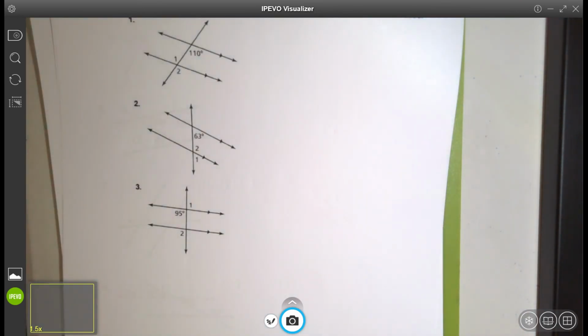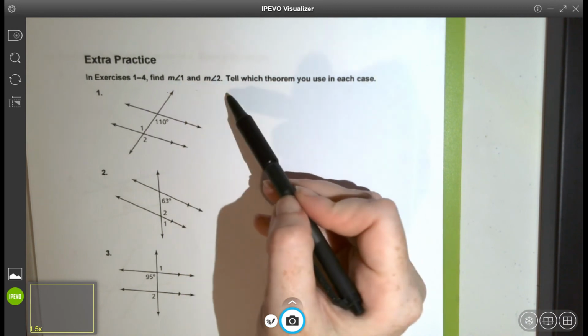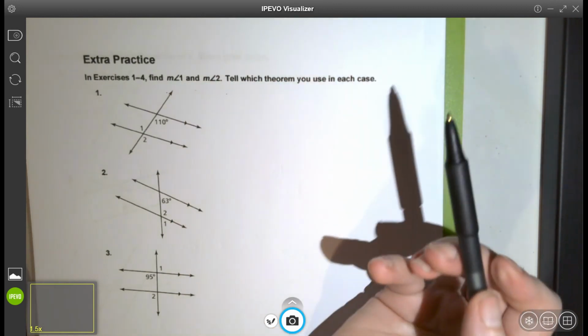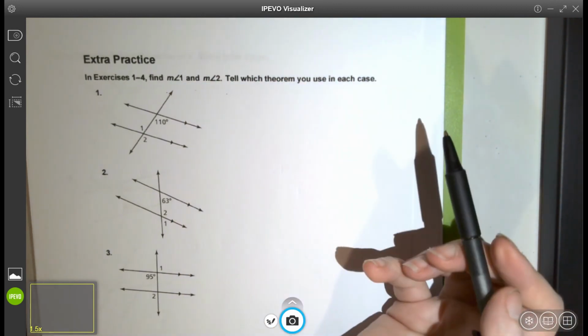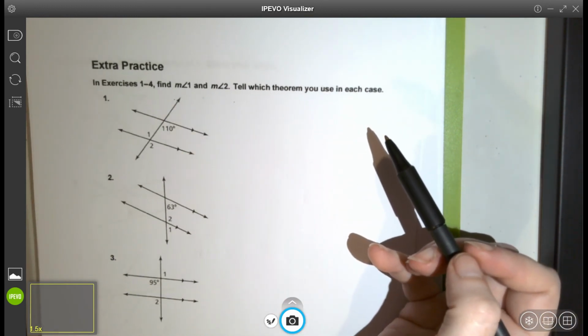So you can pause your screen, try these 3, and we'll go over them in a few. All right, so the first one, it says, find the measure of angle 1 and 2 and tell which theorem, which is your rules or your vocabulary, that you use in each case. Now, the numbers will be the same. Your reasons may differ from mine depending on your approach.